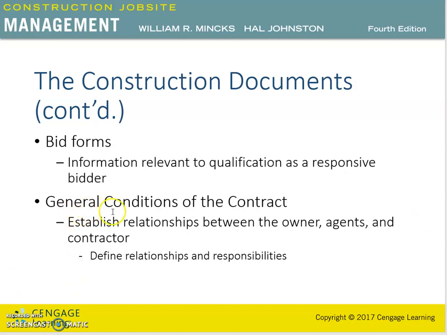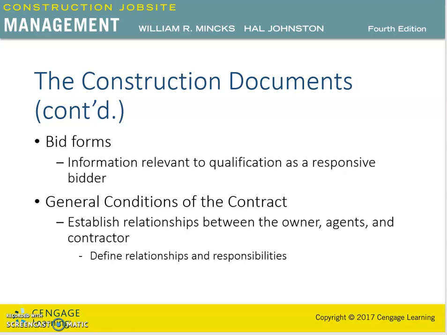And then there are very important things which are included in the project manual. These are called the general conditions of the contract, and then later on there will be the special conditions of the contract, or supplementary conditions of the contract.